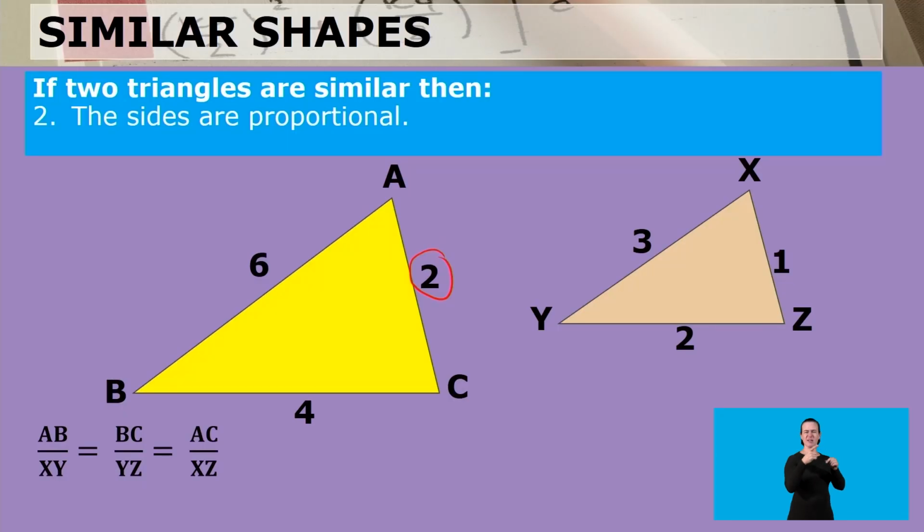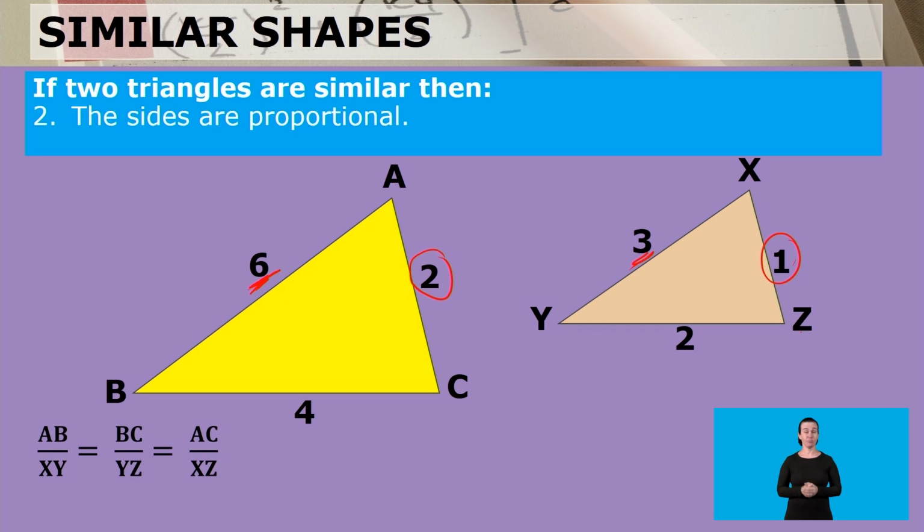We don't say centimeters unless they give us centimeters or meters. But if they write a number, then we take it as 2 units. So AC has 2 units and XZ has 1 unit. AB has 6 units and XY has 3 units. It's almost like half.